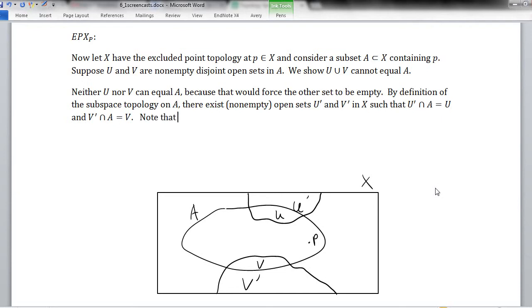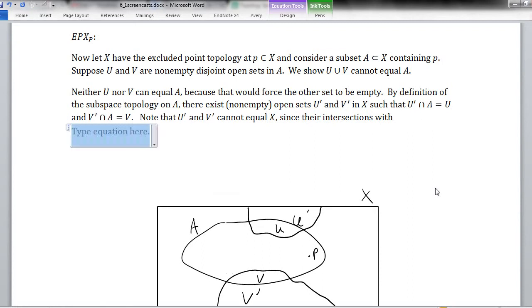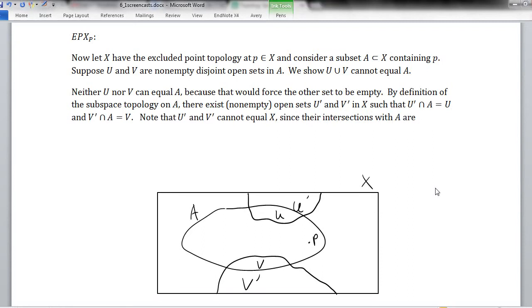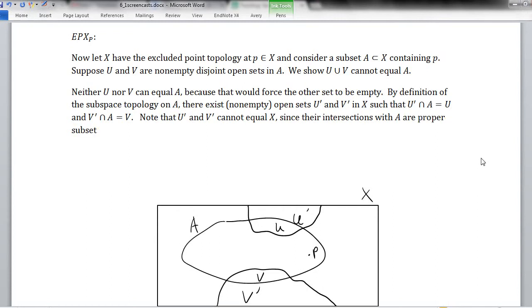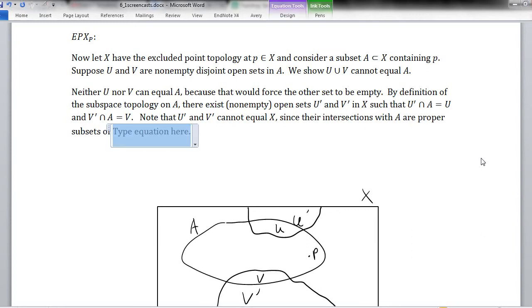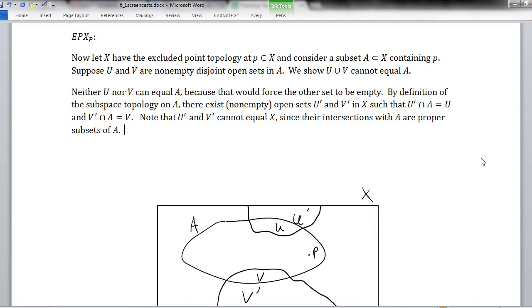Note that U prime and V prime cannot equal the entire space X, since their intersections with A, as we just noted in the beginning, they're not A, right? They're proper subsets of A. Okay?